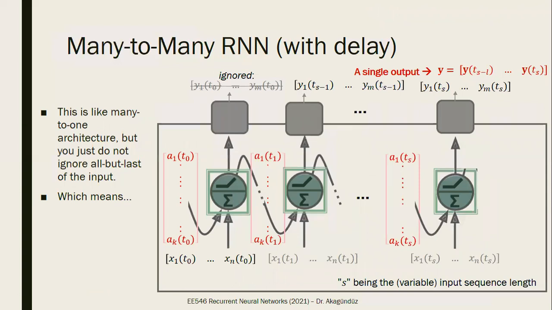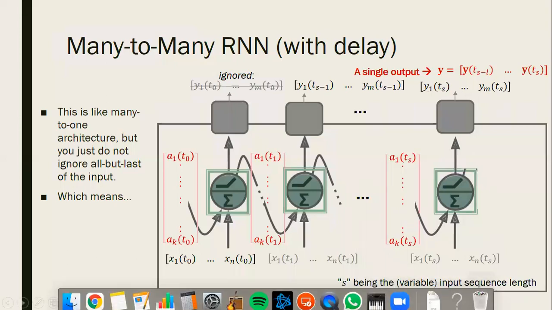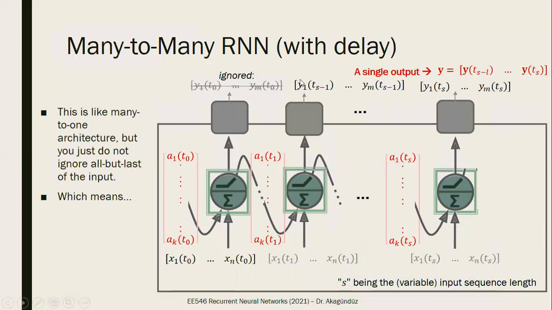That's nice. That's one of the most important architectures. In this many-to-many with delay, there's something you should be careful about. This is like the many-to-one architecture, but you don't ignore all the outputs except the last. Remember, in many-to-one, you ignored every output but the last one.